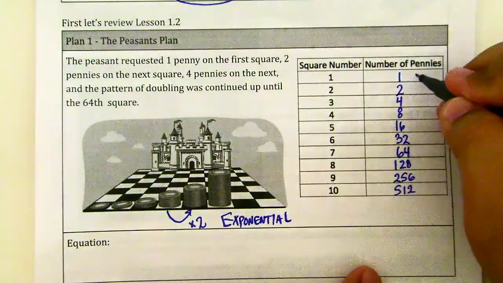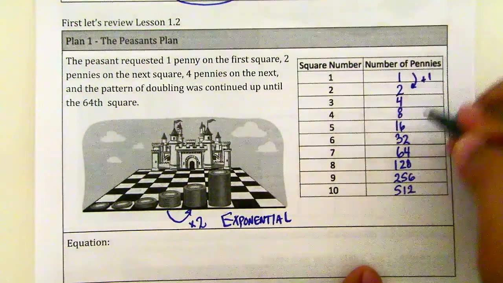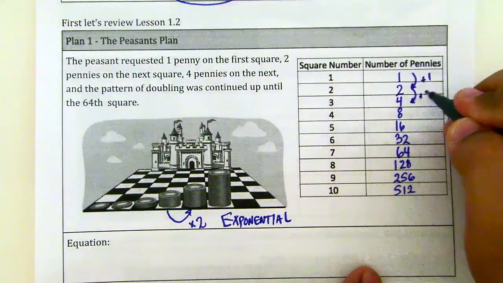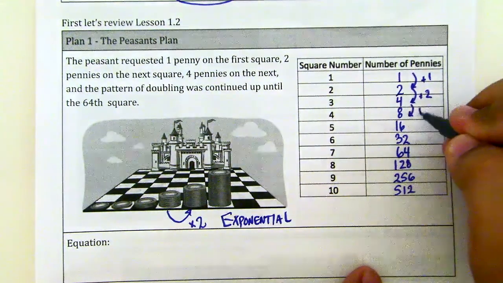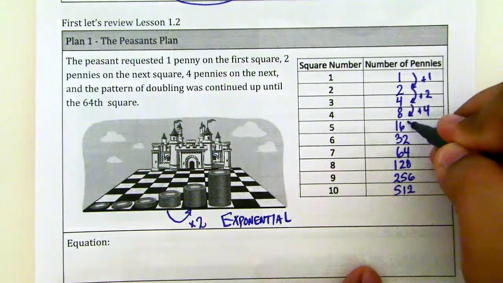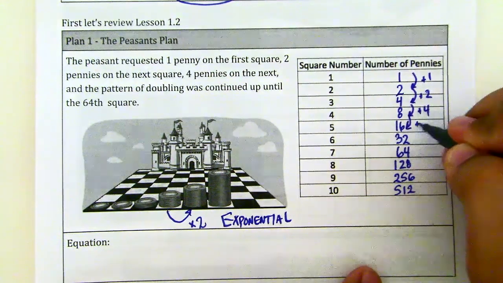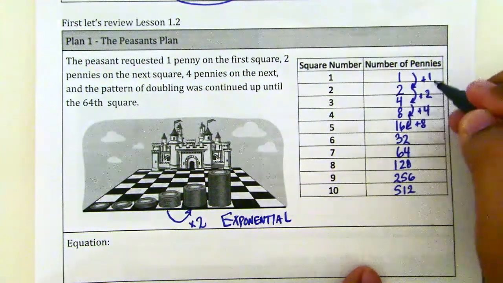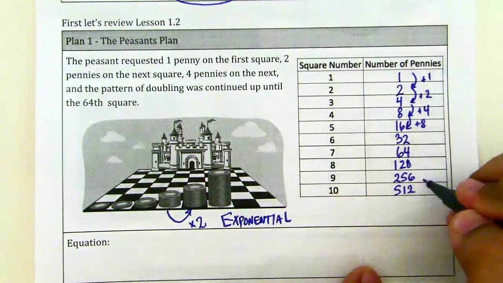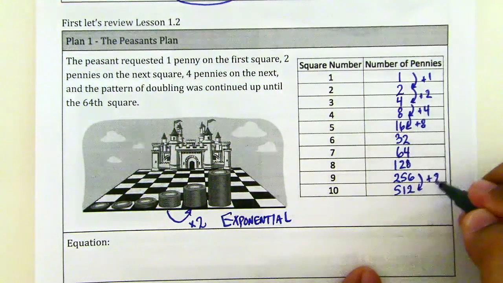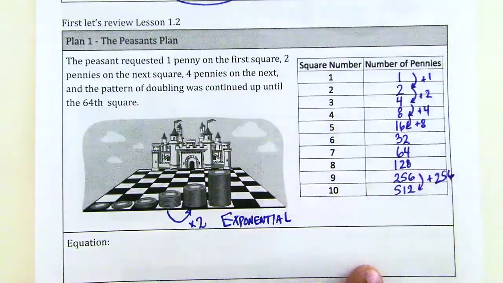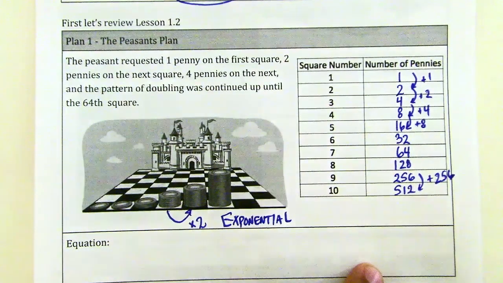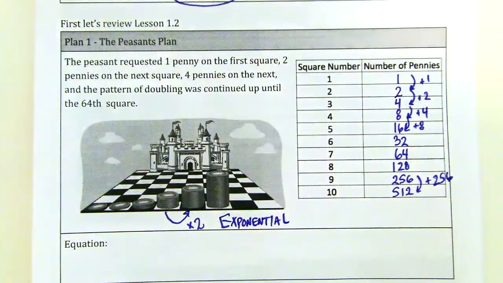At the beginning, I only added 1. Then we added 2. Then we added 4. Then we added from here to here, 8. So we're not adding a lot at the beginning, but by the time we get from here to here, we added 256. So exponential growth grows at a very fast rate, right? Much faster than linear growth. And that's what we're going to be exploring this unit.